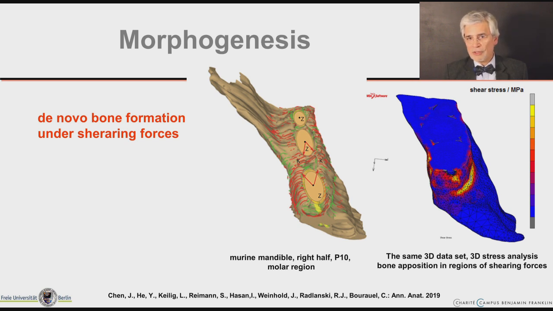And as you can see now, the areas where we saw bone growth are exactly the same areas where shearing forces were detected in the computer simulation. The embryologist Erich Blechschmidt, who was the first to recognize and describe this in his mechanical gene effects, would have been very happy about this further proof. We have made these investigations together with our colleagues at Bonn University, above all with the physicist Christoph Buraul.